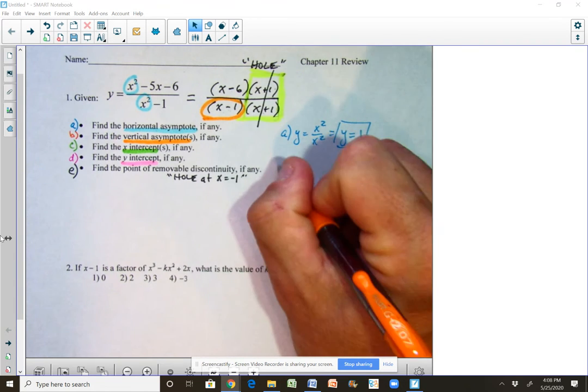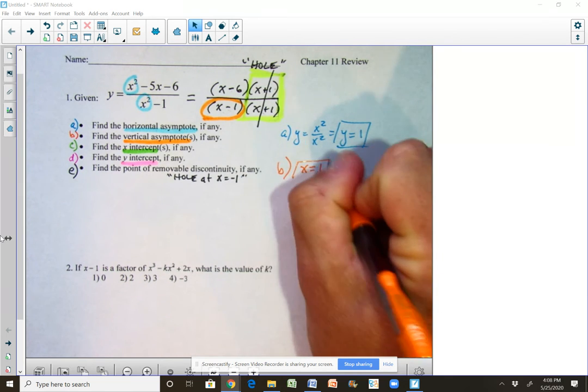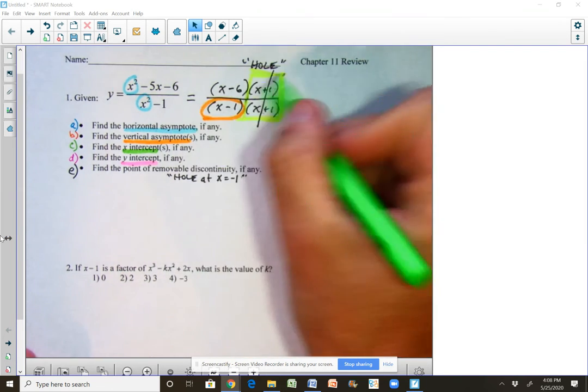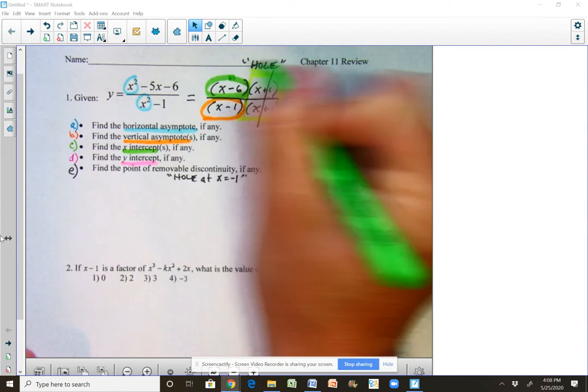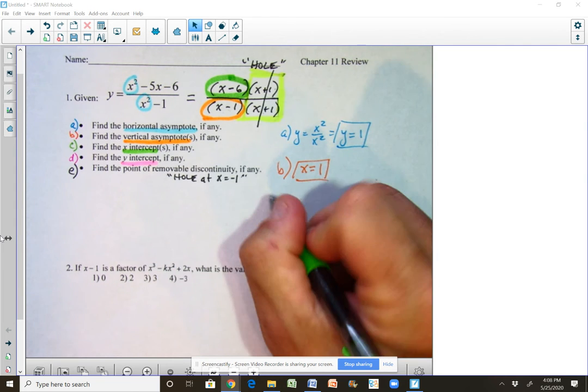And what we get there, so for letter B, we have x is equal to positive 1. That's the vertical line for the vertical asymptote. So if you graph this function out, you'll notice there'll only be one vertical asymptote there. Then we go on to the x-intercepts. And again, factored form normally would look like two factors, but one of those is the hole, not an x-intercept. So only one x-intercept remains after we remove that discontinuity.